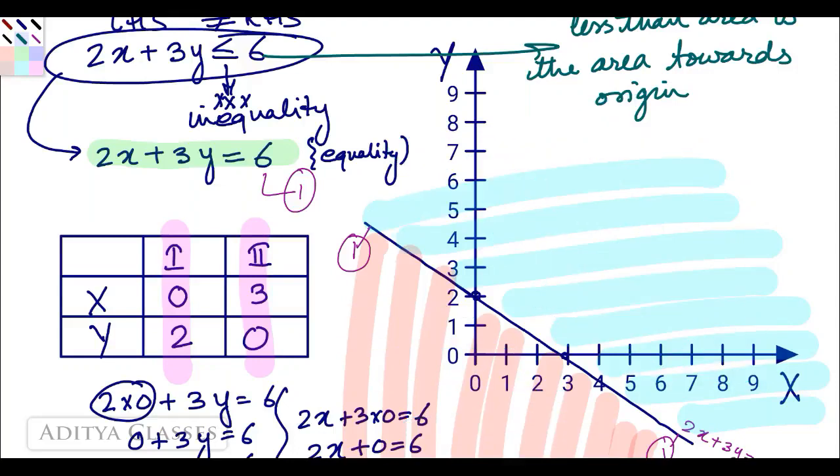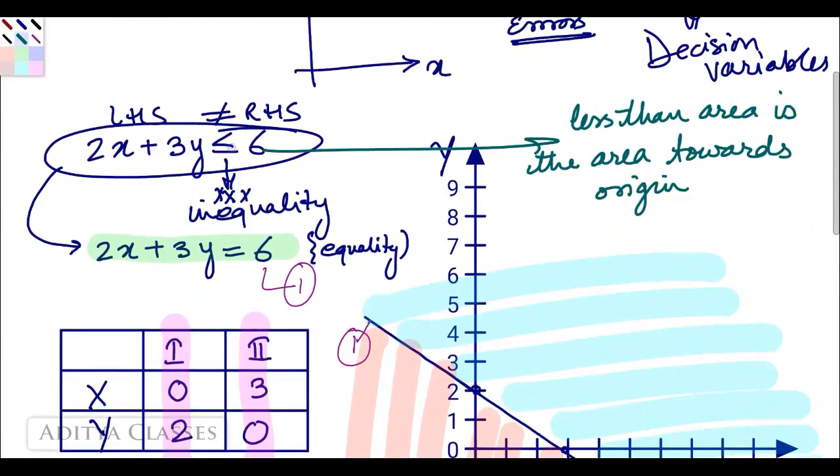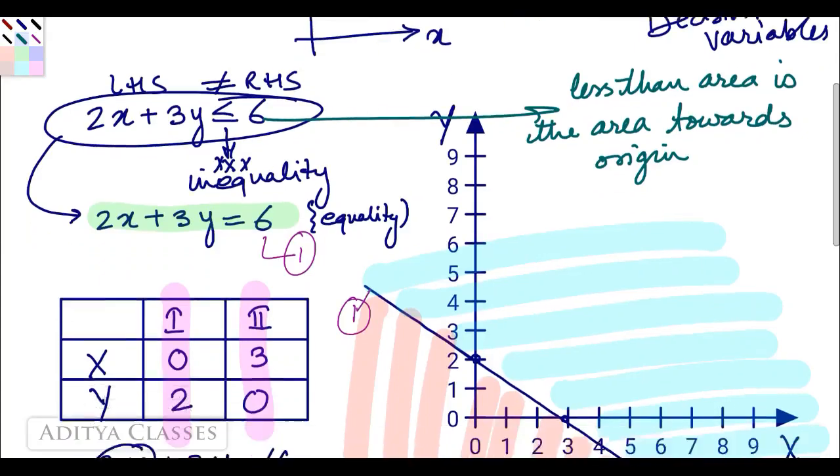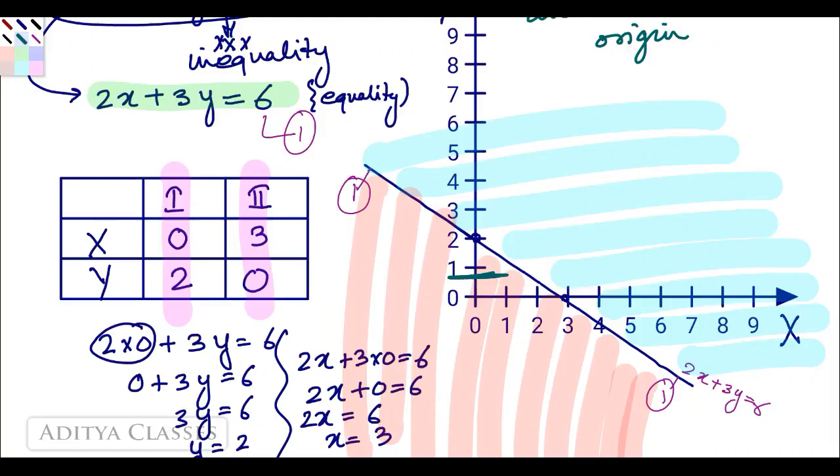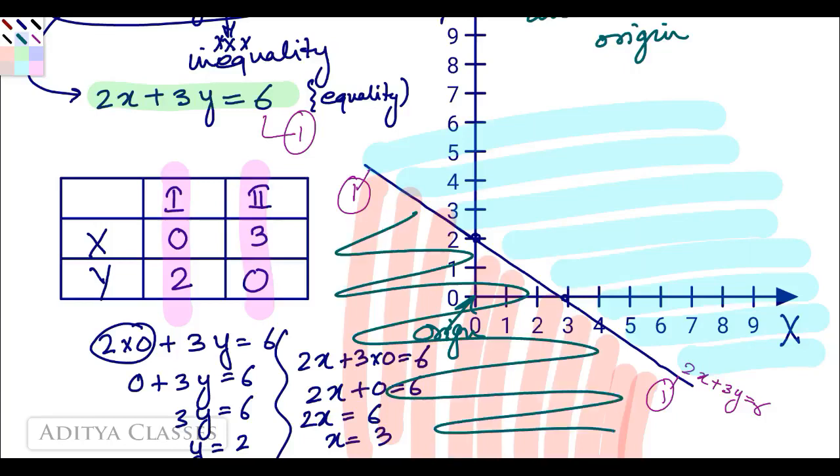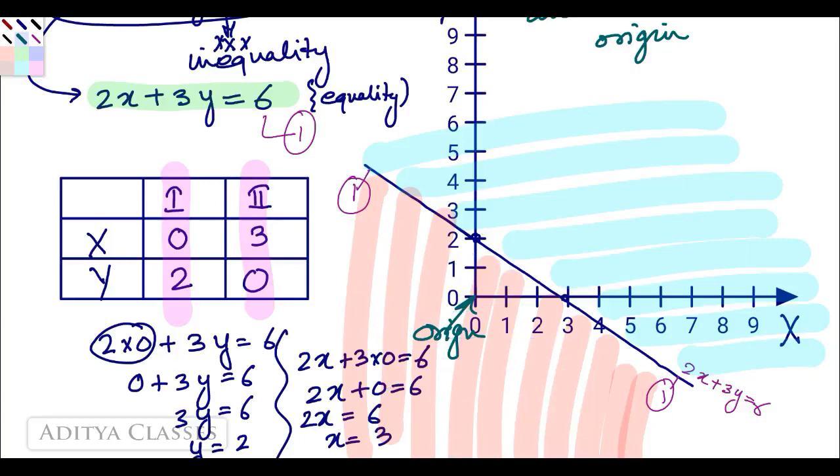This line has divided the areas into two. I need the less than area. The less than area is the area towards the origin. This is my origin, and this area becomes the less than area.